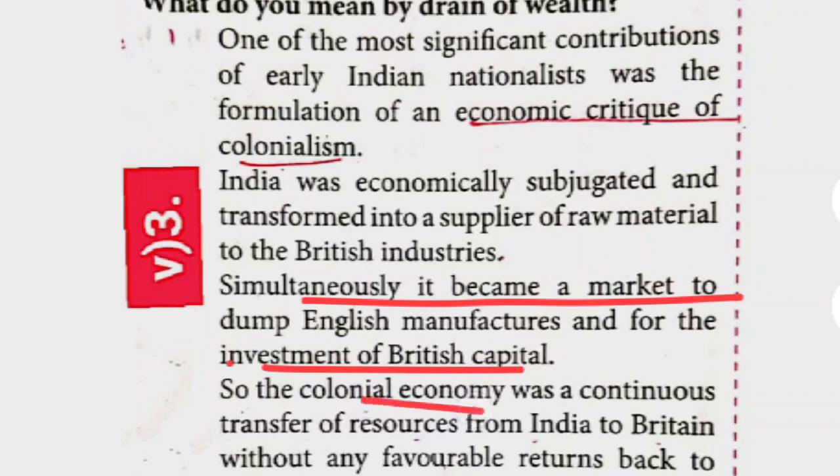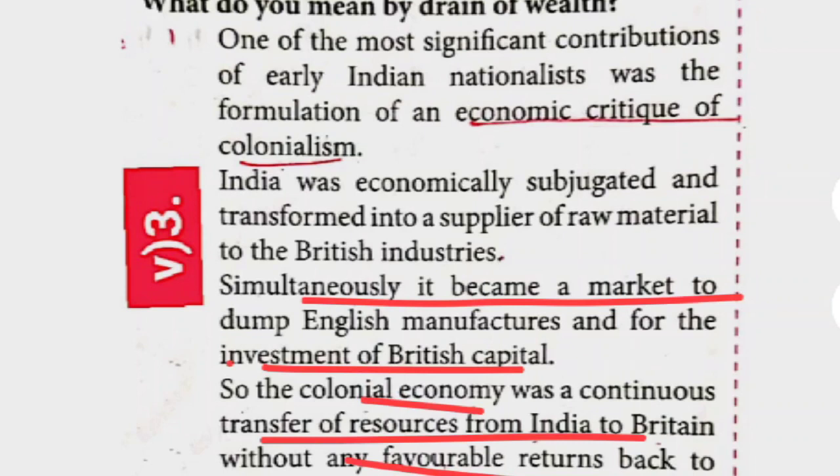So the colonial economy was a continuous transfer of resources from India to Britain without any favorable returns back. India did not get any profit for that. India became a market. Moreover, it was giving its raw materials to the British industries, but it did not get any benefit.